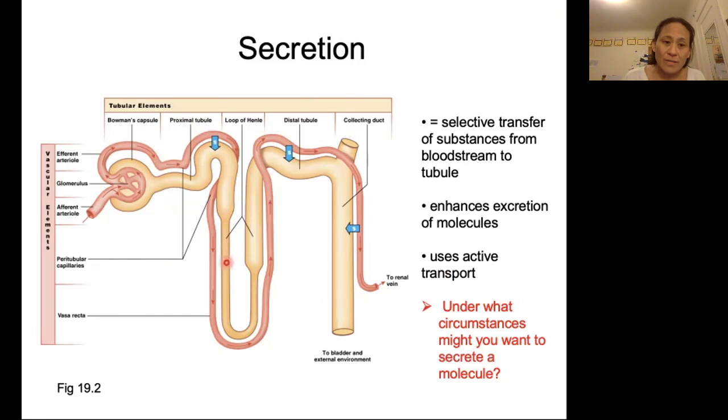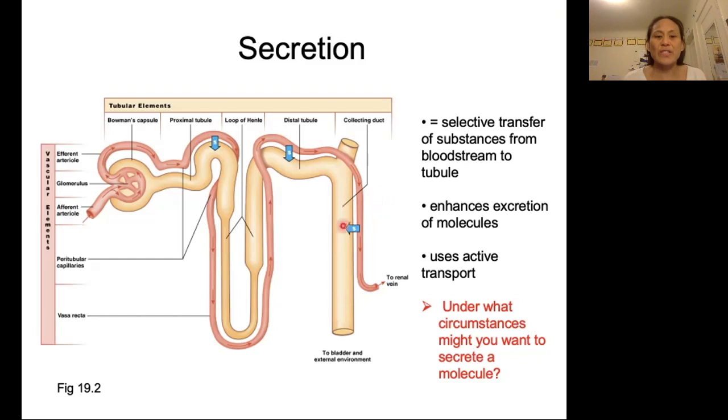And then also remember that some of the roles of the kidneys are to achieve salt balance, achieve osmotic balance, achieve acid-base balance. And so we're going to be transporting materials either into the tubule or out of the tubule in order to achieve that balance.